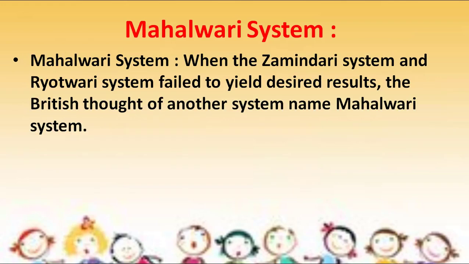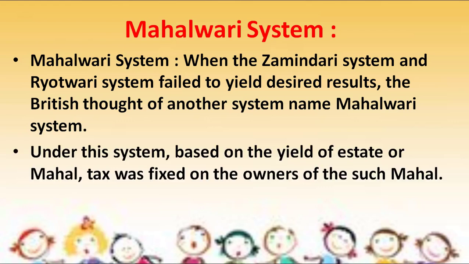And the next is the Mahalwari system. When the Zamindari system and Ryotwari system failed to yield the desired results, the British thought of another system named the Mahalwari system.